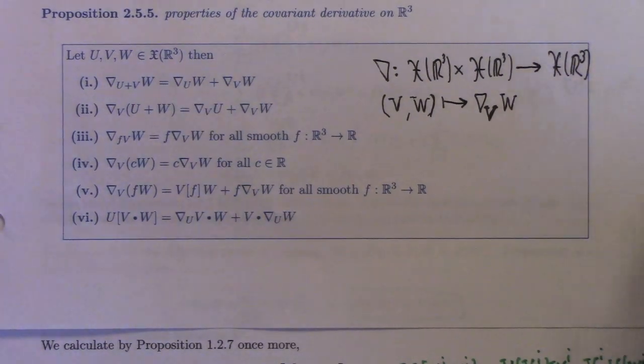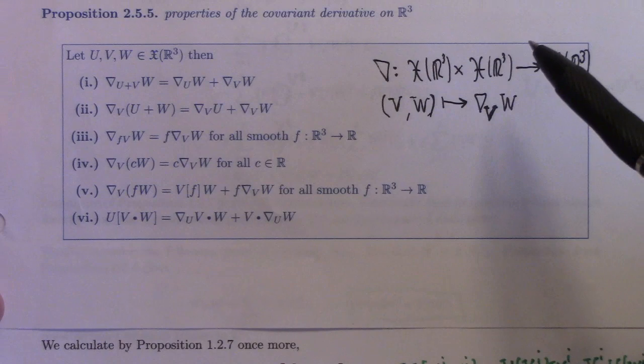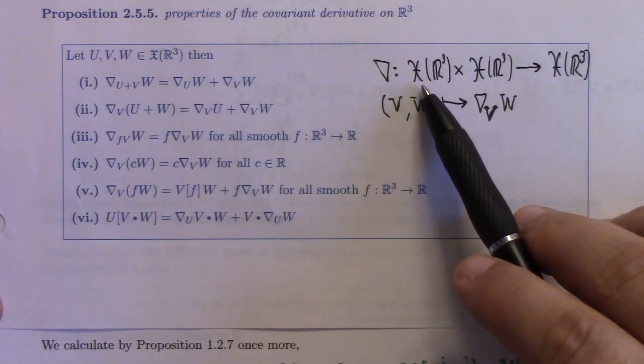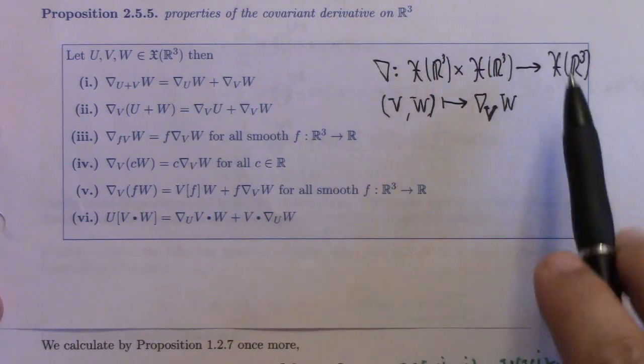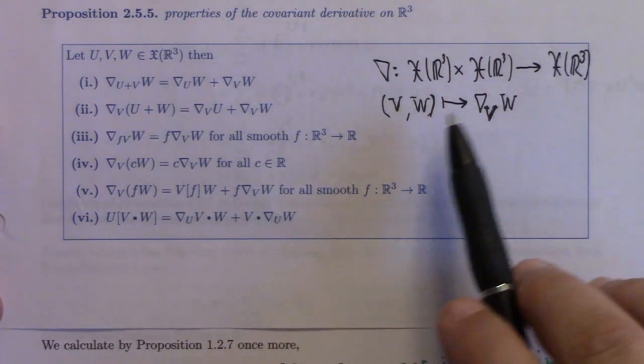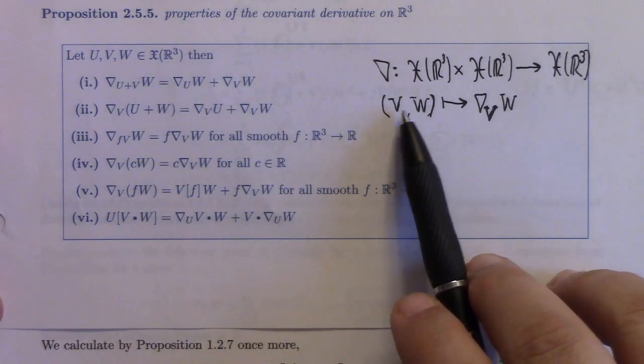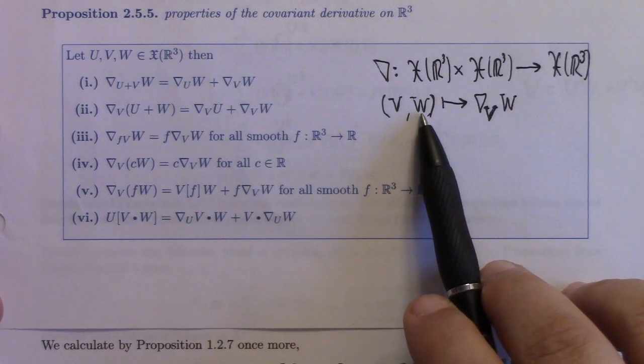I would point out that what we're looking at is that the covariant derivative is itself a mapping. It takes in a pair of vector fields and outputs another vector field. And if you look at this mapping, it's linear. It's additive in both entries, in the V entry and the W entry.